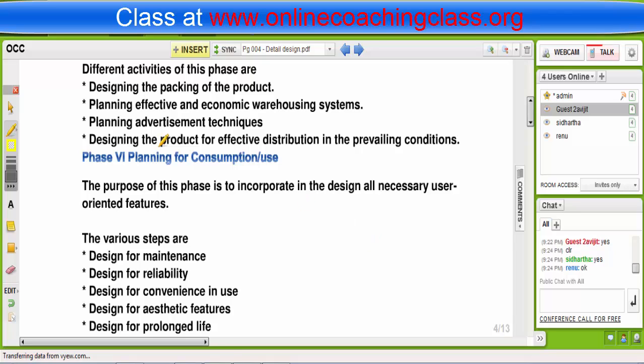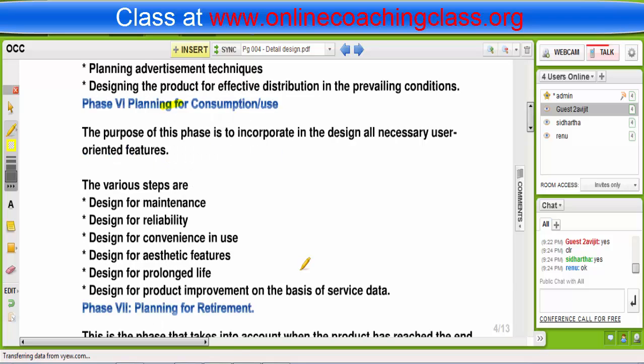Okay, now planning for consumption. The purpose of this phase is to incorporate in the design all necessary user oriented features. The various steps are design for maintenance, design for reliability, design for convenience in use, design for aesthetic features, design for prolonged life.